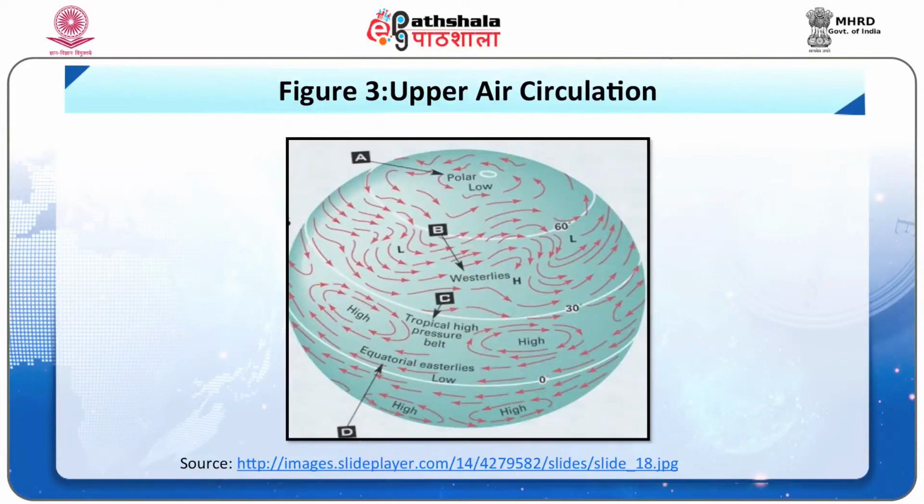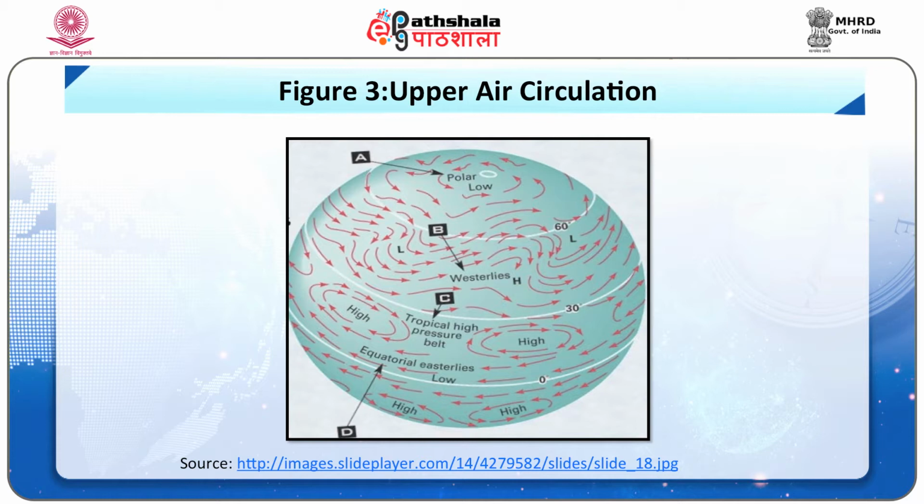Poleward from the tropical Hadley circulations in both the hemispheres, air flow in the troposphere is normally and persistently west to east, generally parallel to latitudes as upper air westerlies. You can refer figure number 3 for this.